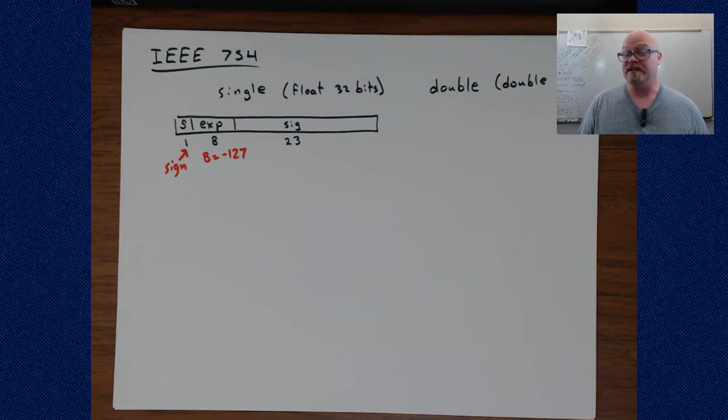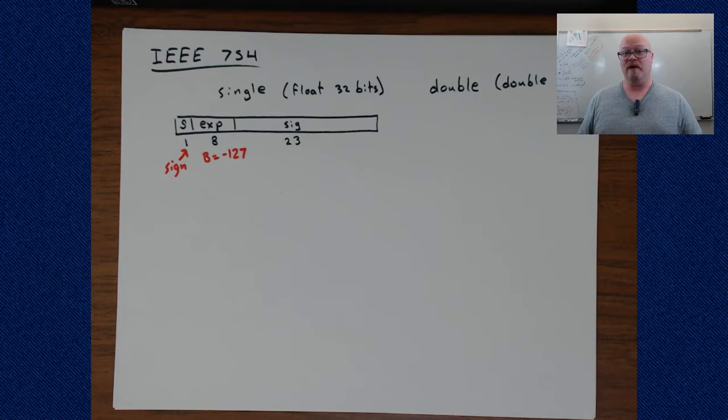However, the way it works in the IEEE standard for floating point is you would look at the value in the bit pattern as some particular unsigned number, and you would assume that it has already been scaled before being stored by the bias.